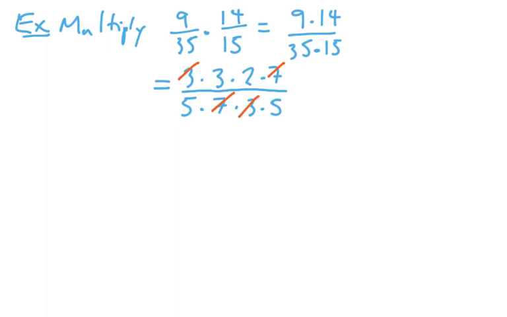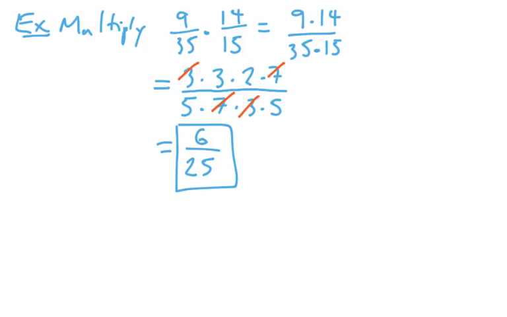And once I divide out those common factors, multiplying what remains is really not a big problem at all. Far easier than dealing with the way the numbers originally were. So in the numerator you have 3 times 2 is 6, and the denominator you have 5 times 5 is 25. And if you've done all that carefully, you shouldn't have to simplify any further. Again, notice we did not need a common denominator at all.